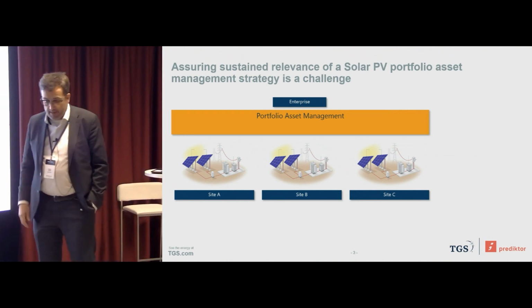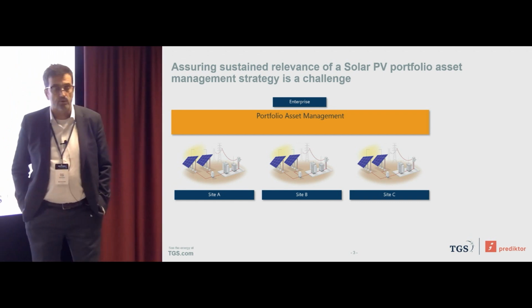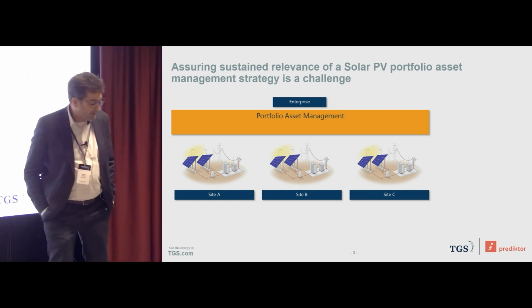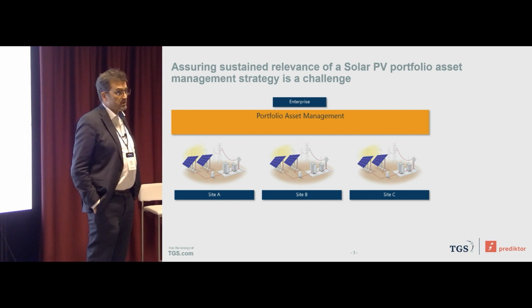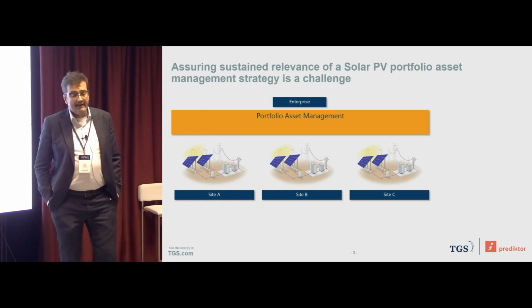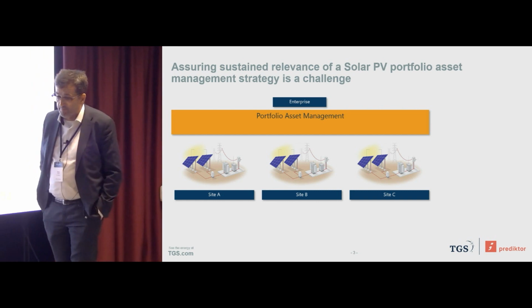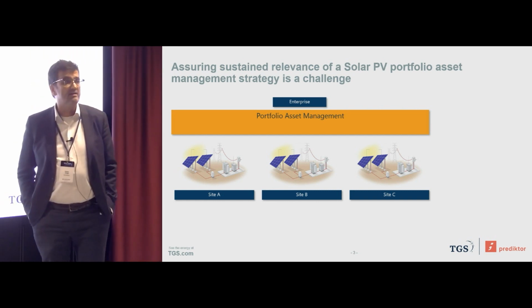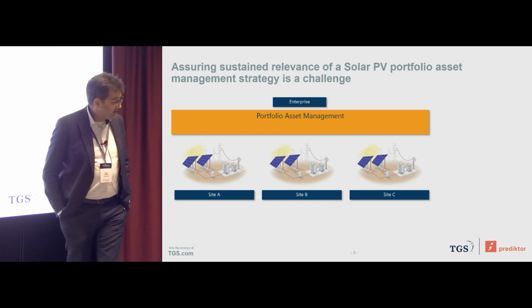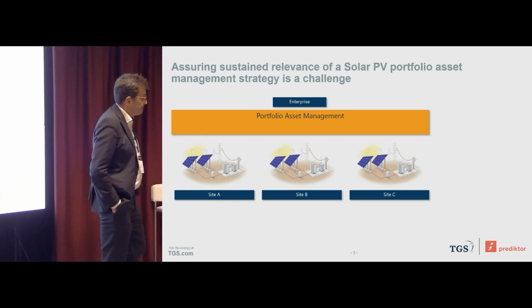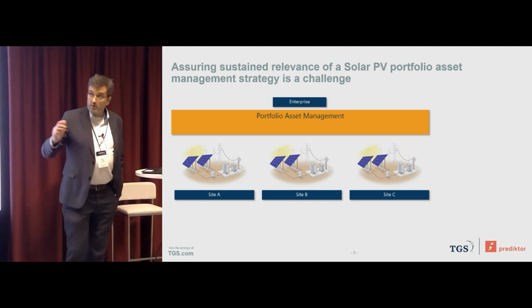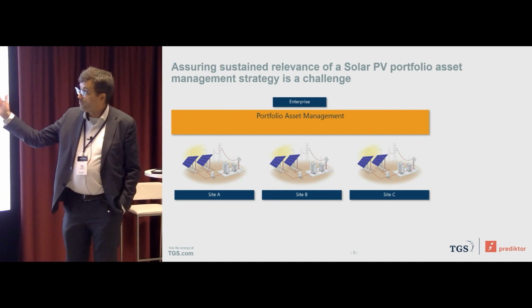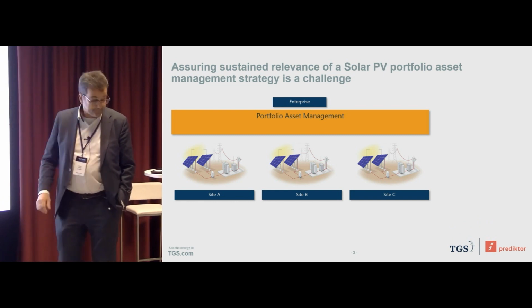That means the activity where you make sure that your asset is performing as well as possible at all times. You're looking at the asset, figuring out what the deficiencies are. Does it produce according to capacity, or is some equipment not operating as it should? So you have an enterprise and you have a portfolio on a range of sites.